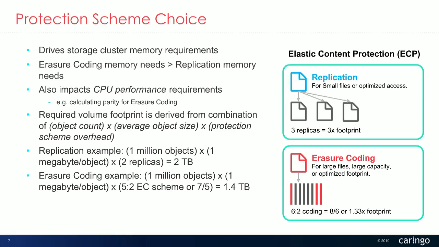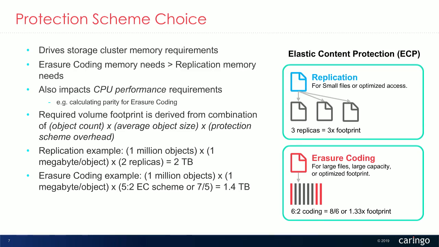So in the case of a 6.2 encoding, you have 6 data streams and 2 parity streams. Now your storage footprint is much different as a result. Instead of it being 200% overhead for storing that object, it's going to be 33% for storing that object in the case of 6.2 encoding.